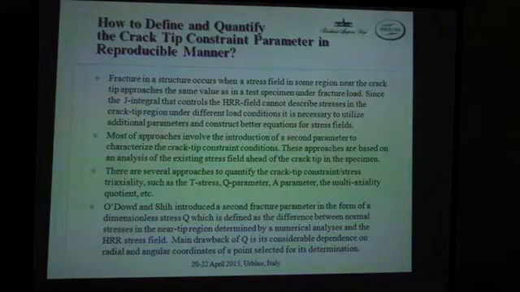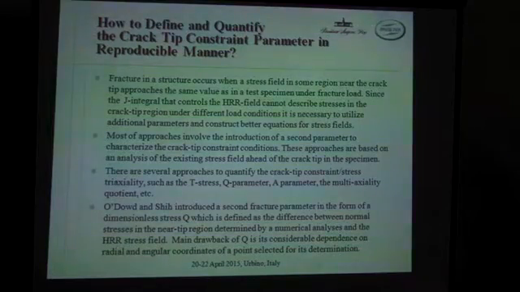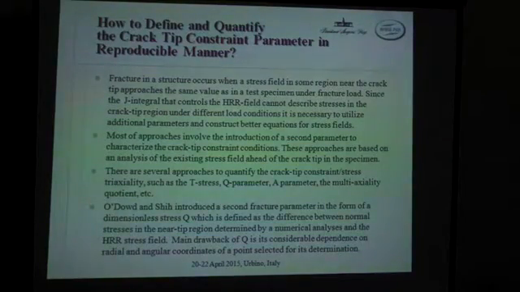It could be, for example, T-stress in linear elastic fracture mechanics, or Q parameter and A parameter in elastic-plastic fracture mechanics. We haven't enough time to discuss advantages and disadvantages of possible constraint parameters in elastic-plastic fracture mechanics.